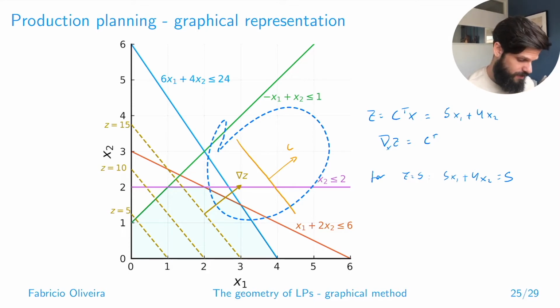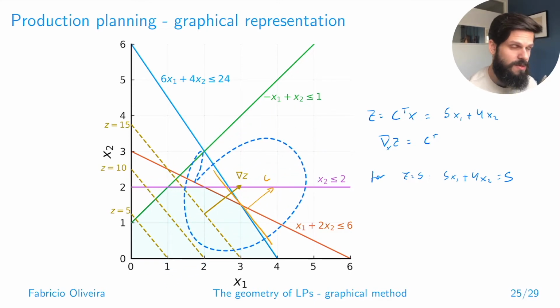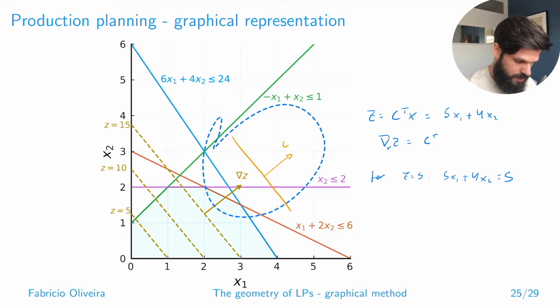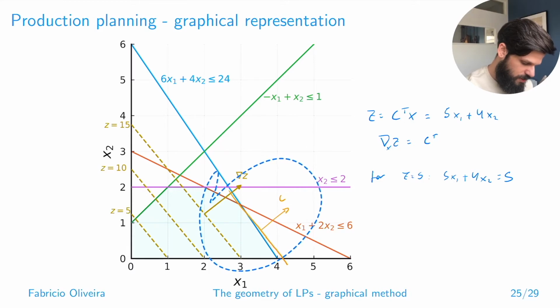Specifically, in most cases it's going to end up on a vertex of it. Unless we are unfortunate enough that this orange curve is parallel to one of the facets, so it means that it's going to sit on a whole facet itself, which is not the case here.